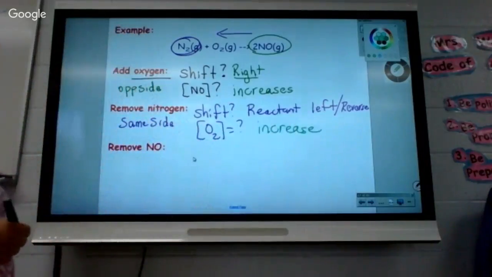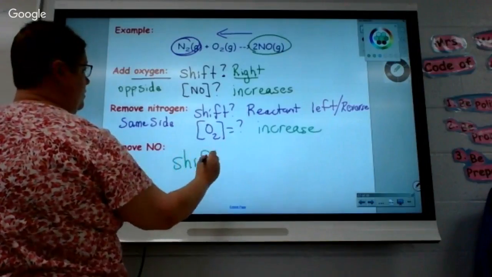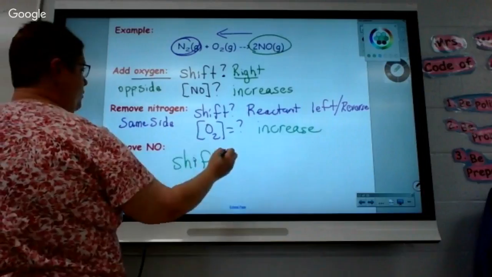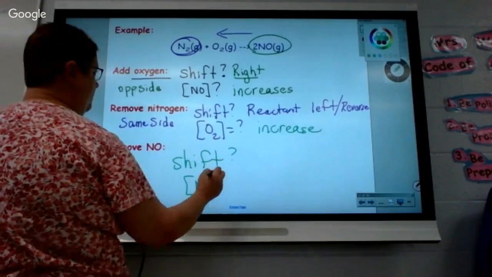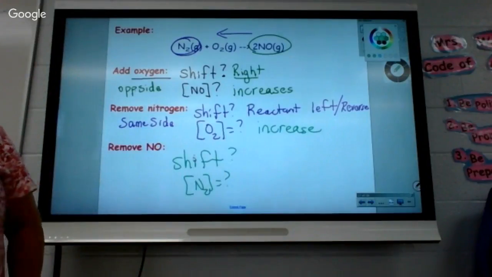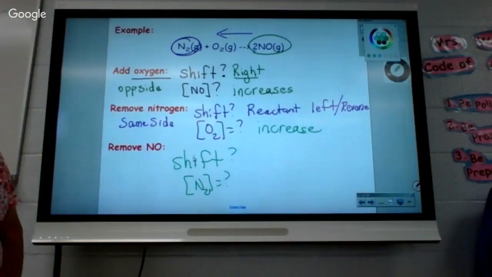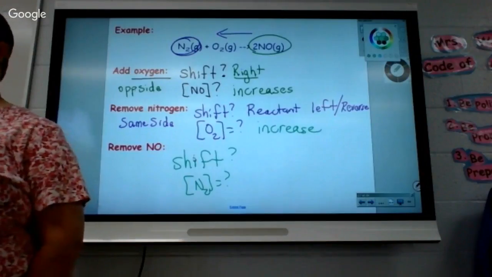All right. And one more remove. Let's say I want to know the direction of shift, and I want to know N2 this time. Destiny, tell me what direction you think it's going to go if I remove NO. Is it going to go right or is it going to go left?